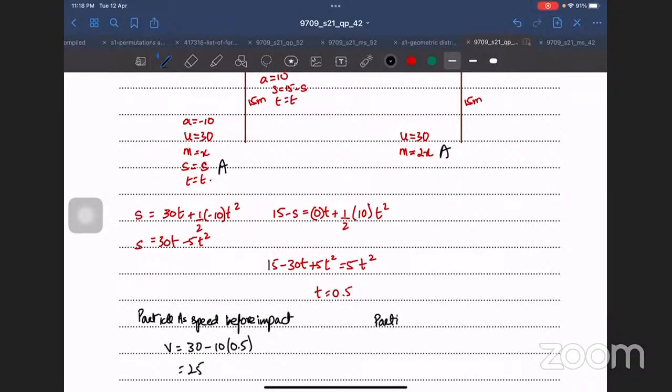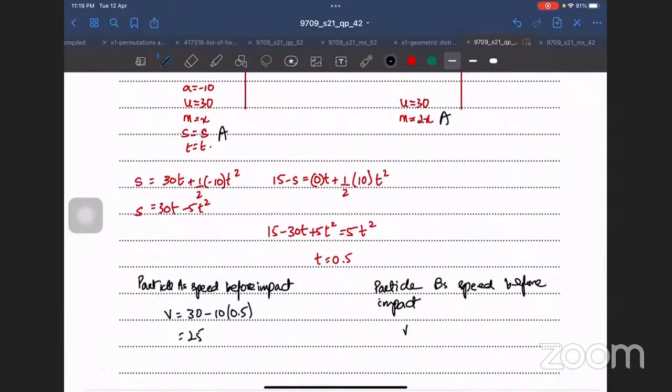Particle B's speed before impact, regardless of their mass, this would be the same for both. u plus at, I get 5.